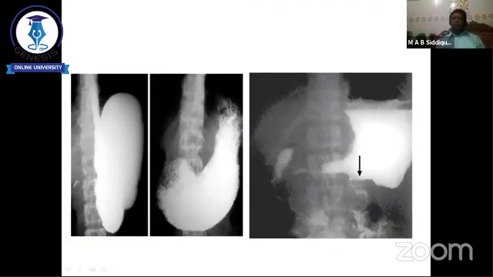In the three X-rays, one shows a hugely distended stomach, another is not so hugely distended with a smooth margin, and another has an irregular margin. So we conclude this is pyloric stenosis, and this is carcinoma stomach.